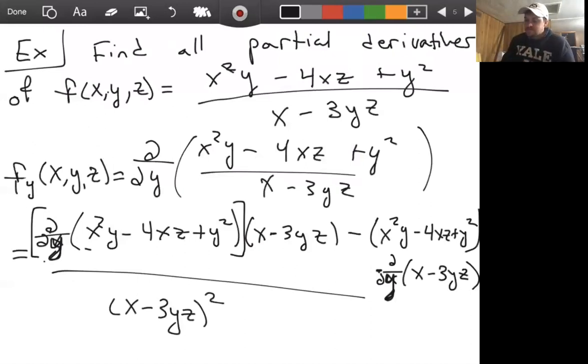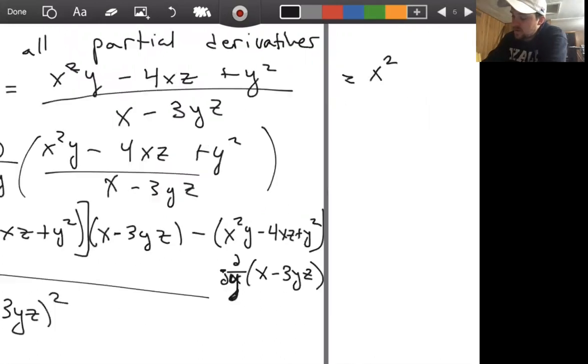We have the derivative with respect to y of minus 4xz. Well, x and z are both constant with respect to y, so that derivative is 0. And then we have the derivative of y squared, which is 2y.